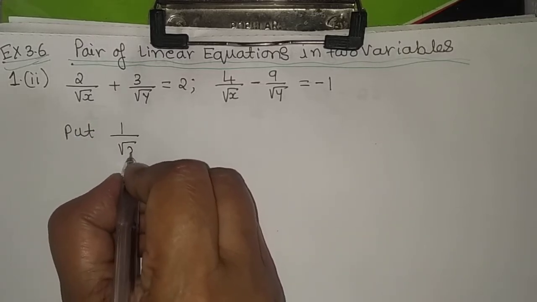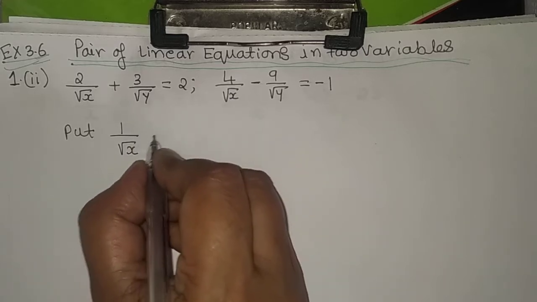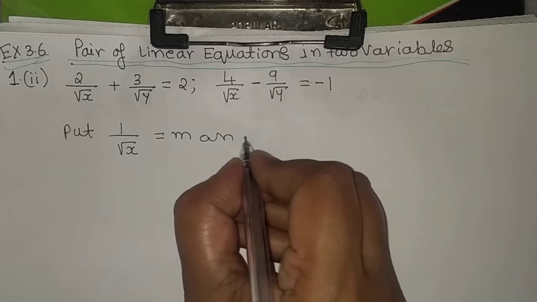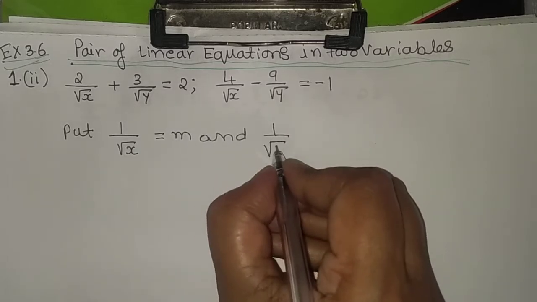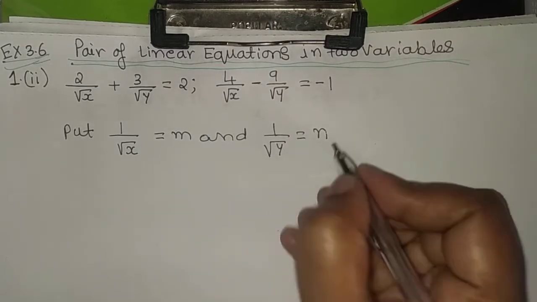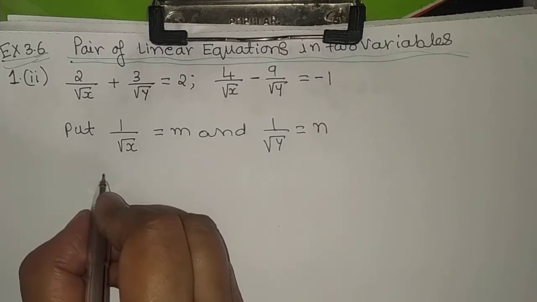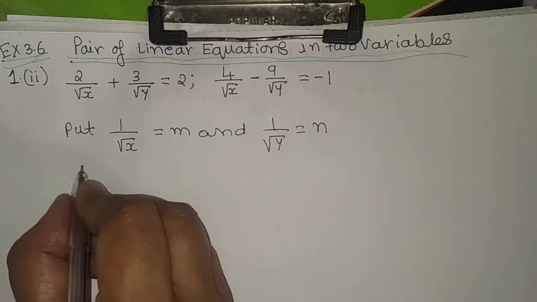We have roots here. Therefore put 1 by root x is equal to m, and 1 by root y is equal to n. Same thing as the previous. So these are the given pair of equations. Now we'll substitute this in the equation.